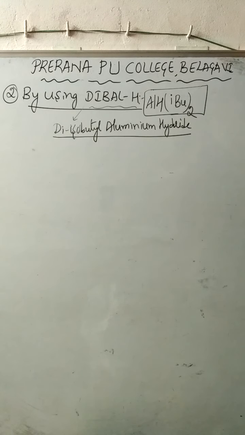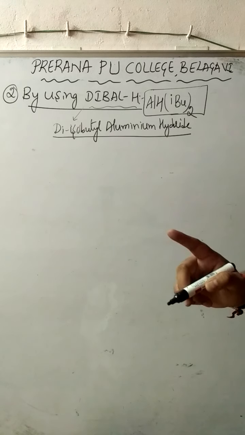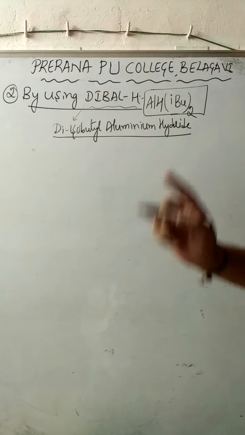So just now in the previous reaction, that is in Stephen reduction, we have studied that when a nitrile is subjected to reduction, it forms an imine intermediate. Further, the imine intermediate upon hydrolysis has given us an aldehyde.